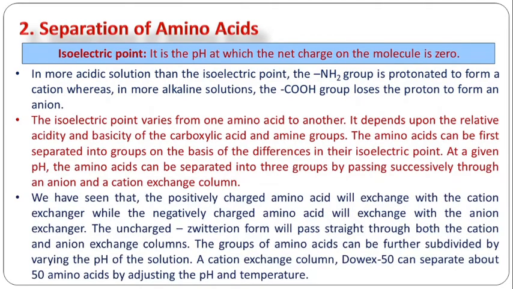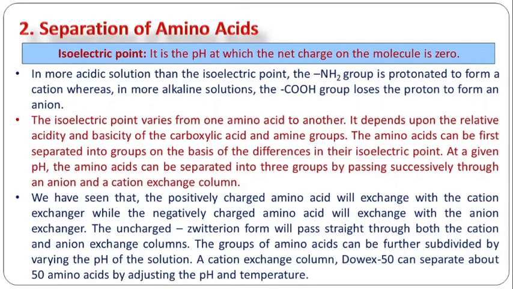We have seen that positively charged amino acids will exchange with the cation exchangers, while negatively charged amino acids will exchange with the anion exchangers. The uncharged zwitterion form will pass straight through both the cation as well as anion exchange resins because it doesn't have any charge.